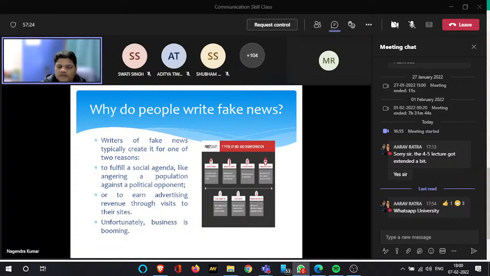So one of the reasons is a social or political agenda, and the other is to earn advertising revenue. As I said, the number of likes and clicks gives them advertising revenue, and that is why they come out with this. And unfortunately, this is resulting in a booming business, and a lot of people are tempted to do that.